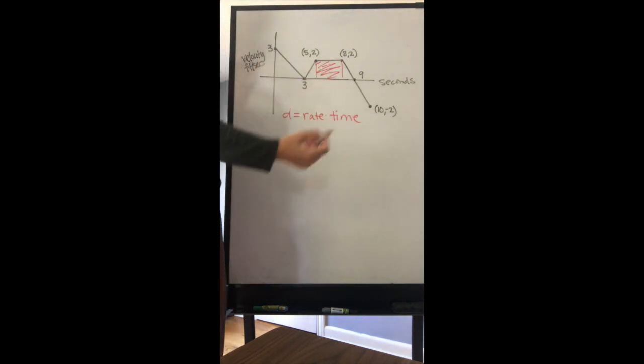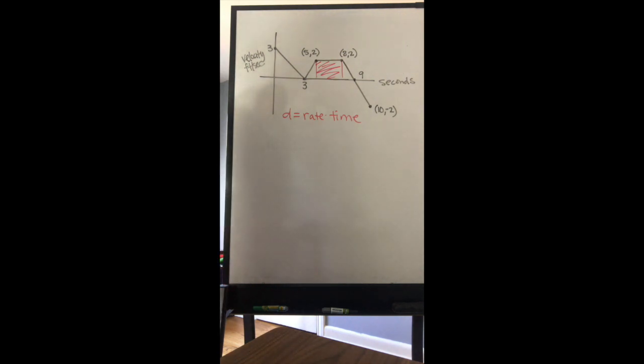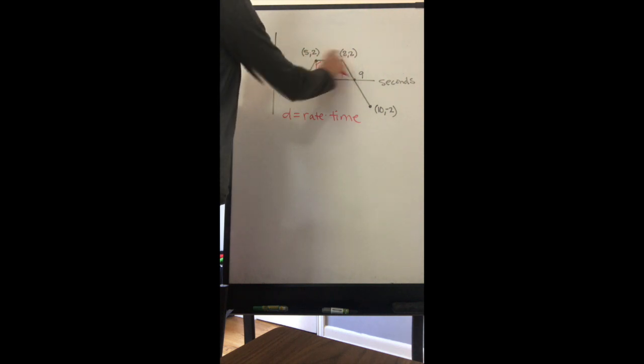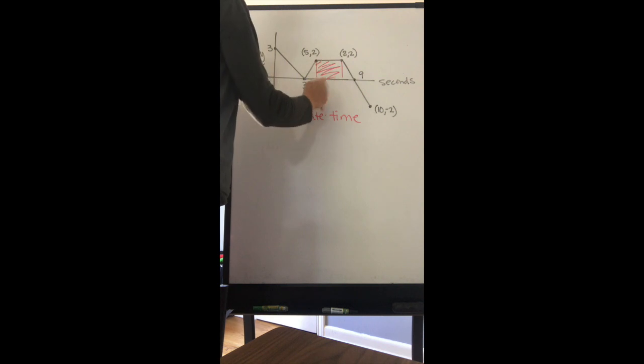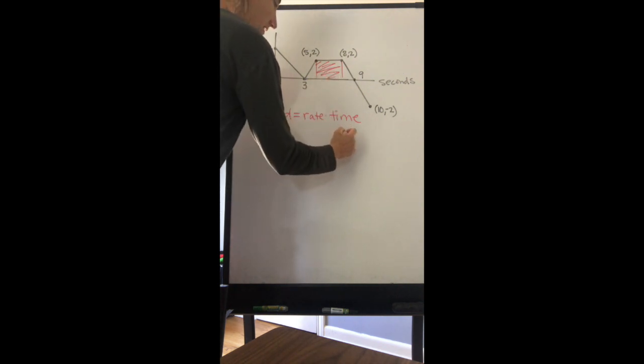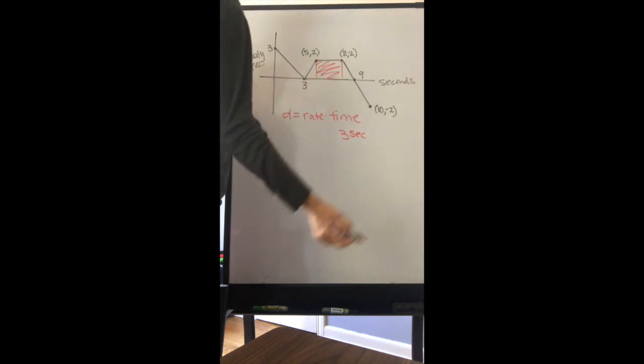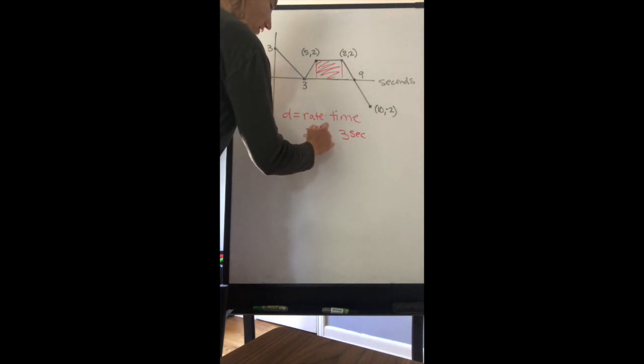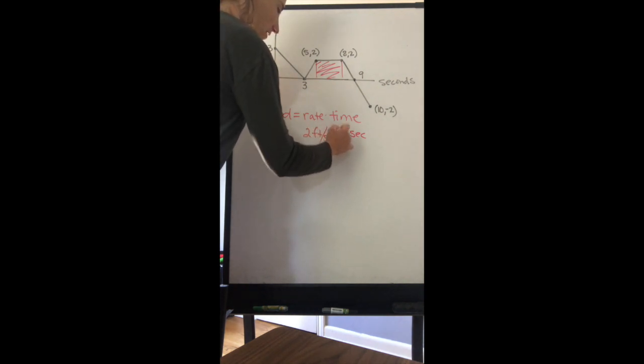And let's just not even think about formulas. Romy's velocity is the y coordinate. She's going 2 feet per second from 5 to 8 seconds. So for 3 seconds, Romy is traveling 2 feet per second.